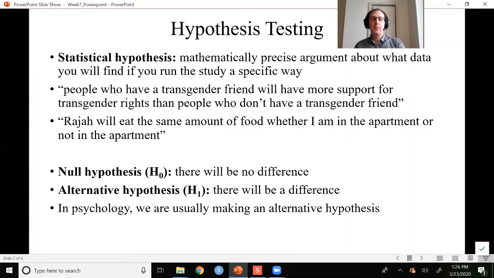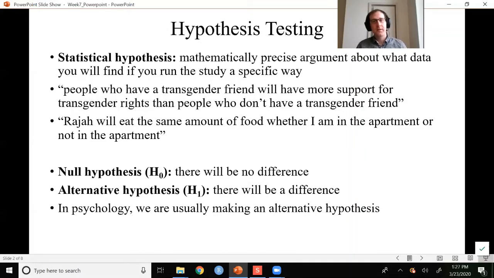So you can be interested in either the null hypothesis or the alternative hypothesis, but in psychology, a lot of studies are focused on that alternative hypothesis. We're usually interested in things like whether people with different personality traits behave differently at work. Does an intervention improve symptoms in a clinical setting, or does it have no effect on clinical symptoms?